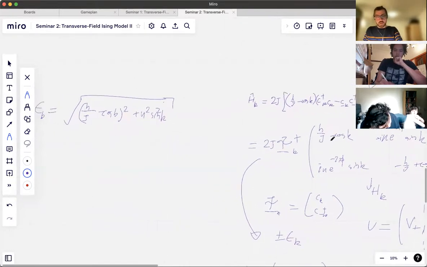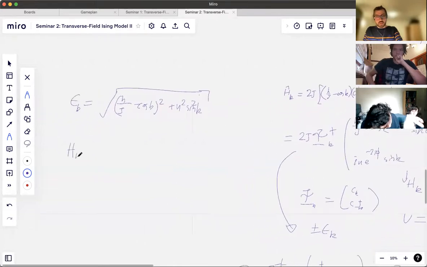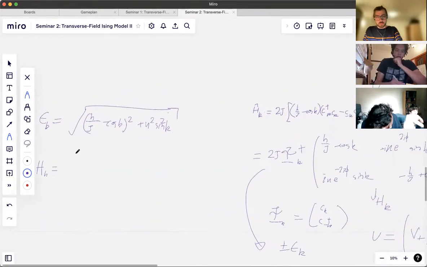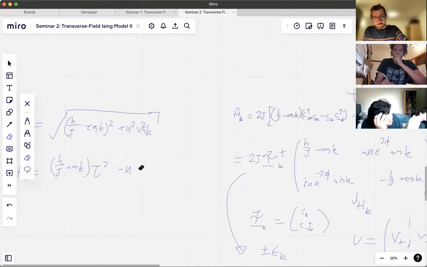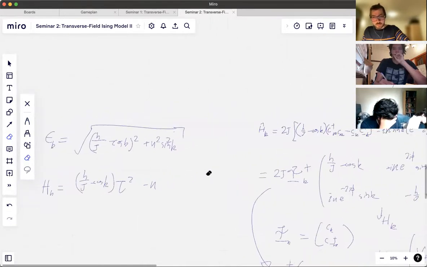And in fact, you can rewrite this H_k in a clever form: (H over J minus cos k) tau_z plus minus kappa e to the i phi.